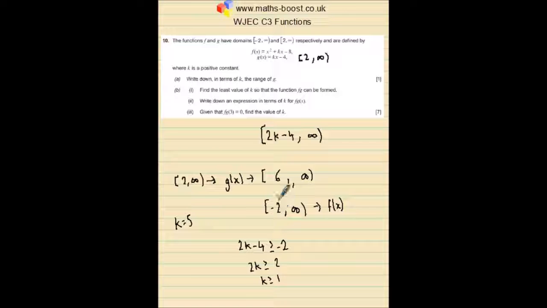But what you're going to have then is the smallest value going in here, consequently, although it could take minus 2, it's actually only ever going to see 6. It's never going to see minus 2, minus 1, 0, 1, 2, 3, 5. It's only going to take 6. And so it's on this basis that you would work out the range of f of x.